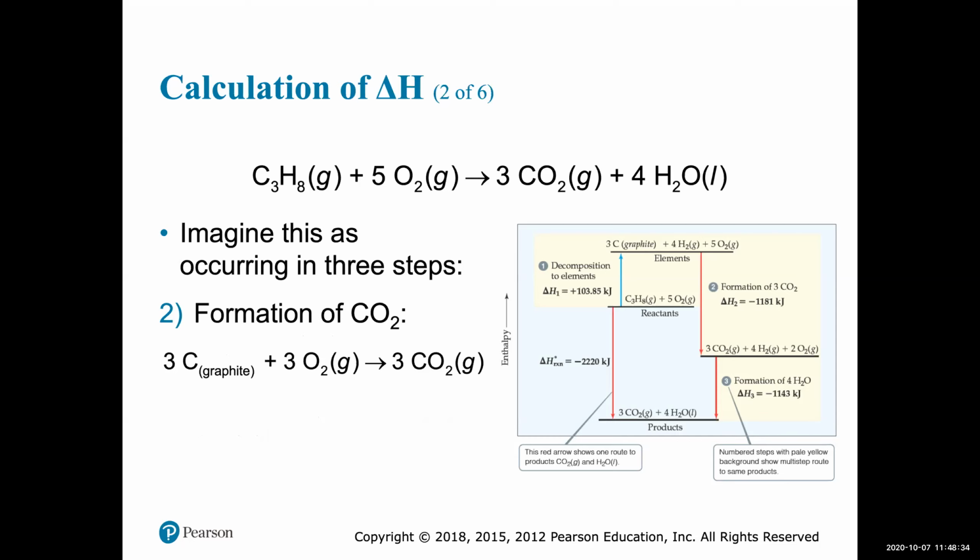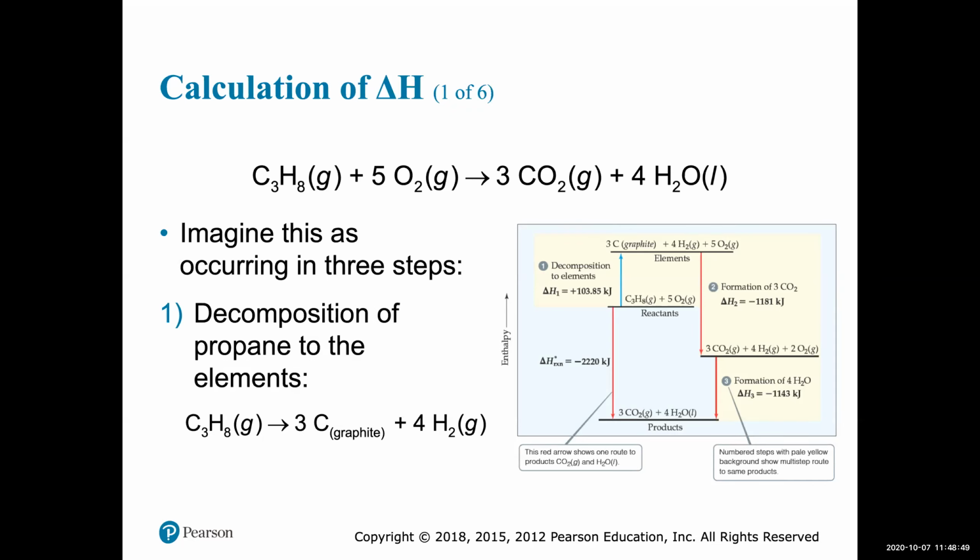So carbon plus oxygen gives you CO2, and there's a delta H associated with that. That's number 2 on the chart. If we look at number 1 on the graph, that's endothermic, so it's going up. Then the second one is exothermic, so it's going down. We know that because the signs are positive and negative.